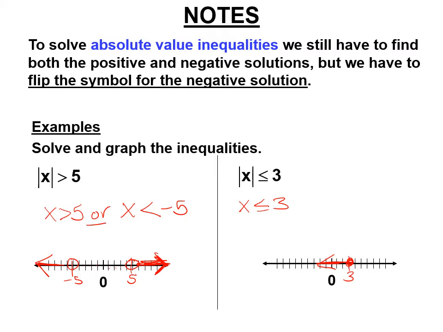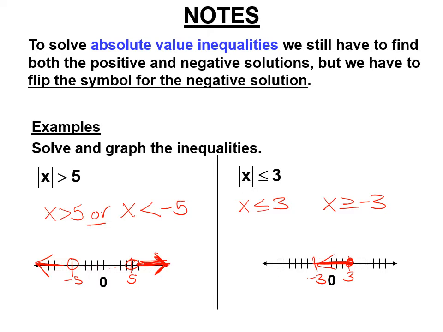Would -100 make it true? No. -100 would not make it true. Okay. So we have to flip the symbol, and the numbers that are greater than or equal to -3, wait, let's reorder this.